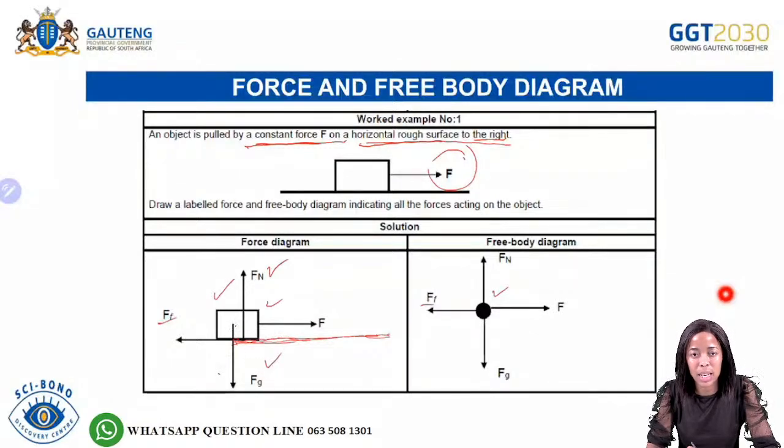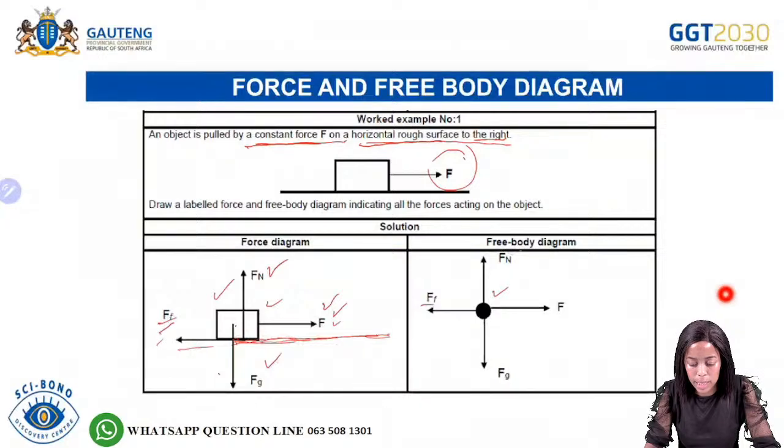And we said that the gravitational force must always be drawn going where? Going downwards. And then next we have the applied force. The applied force is drawn parallel again to the horizontal axis. And by definition again, the frictional force will be drawn parallel to the axis.